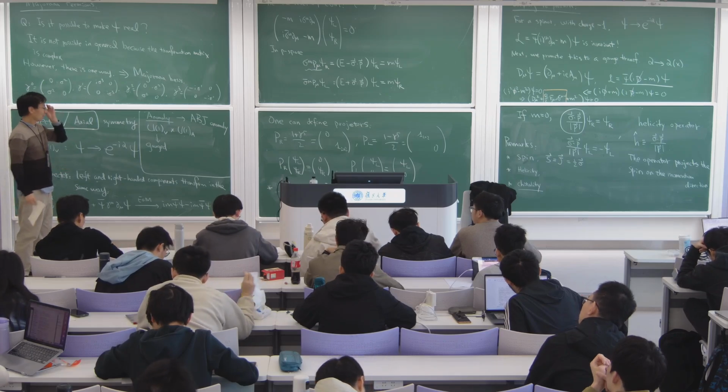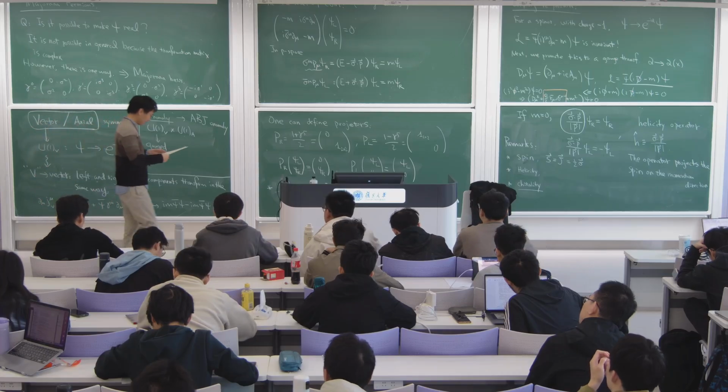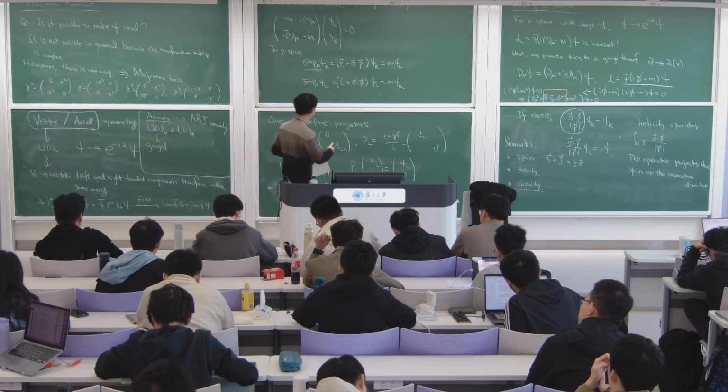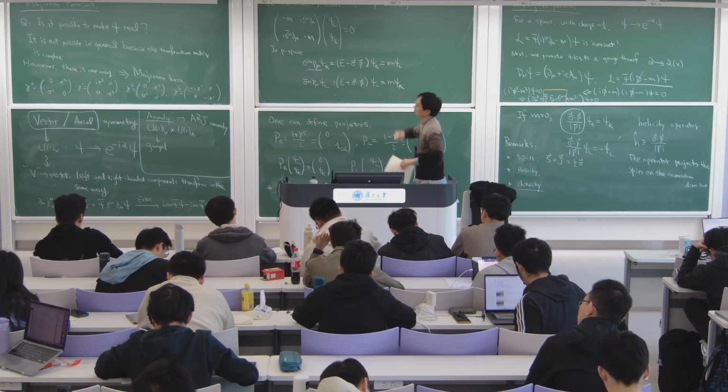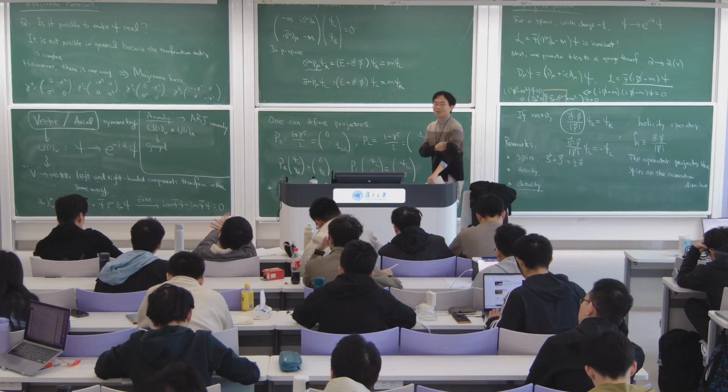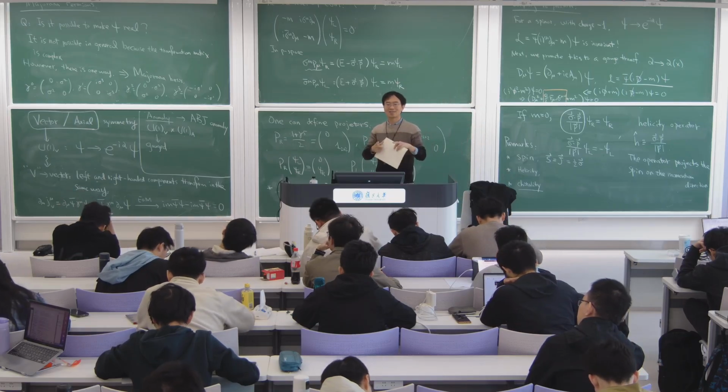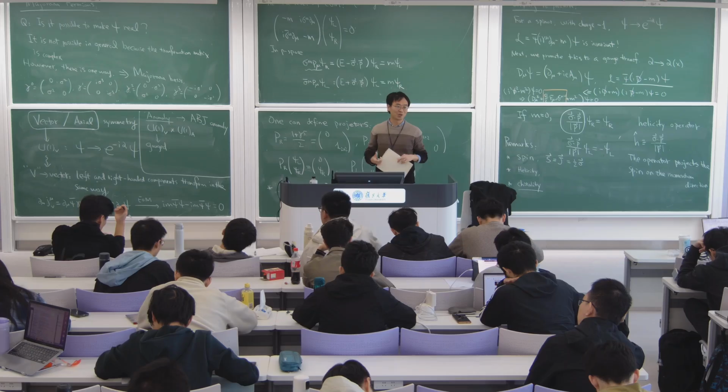Now, fortunately, we already introduced somewhere before how to express the Lorentz transformation in terms of gamma matrices, right?